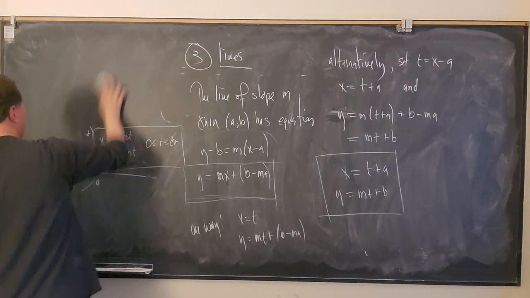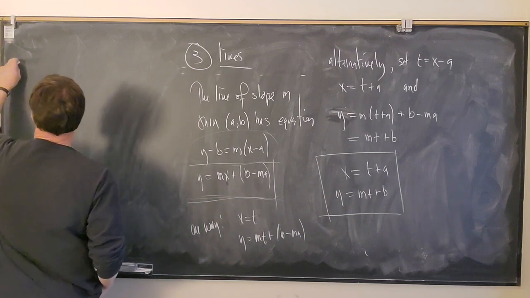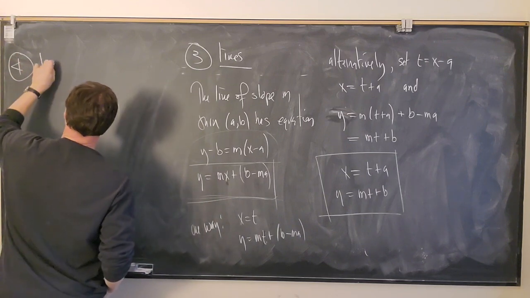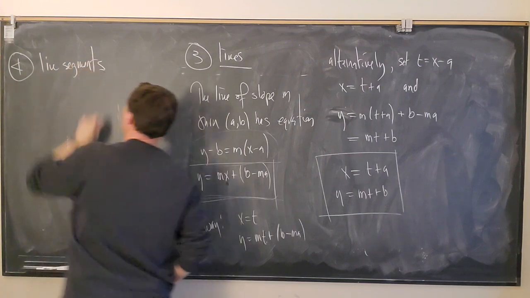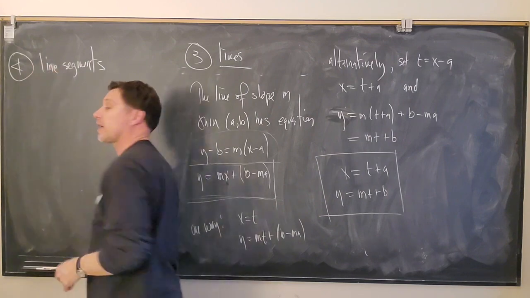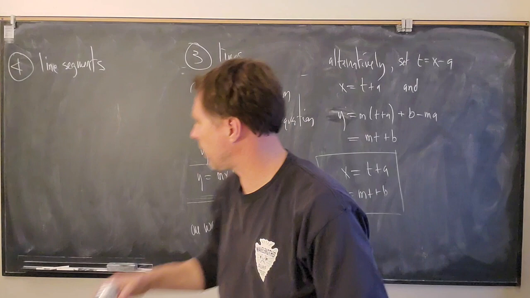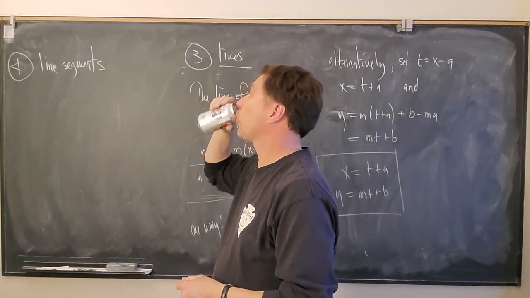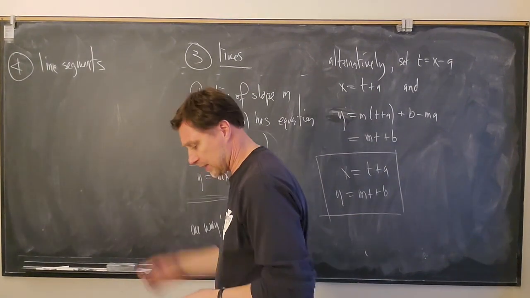One more important one. So this would be number 4, and that's line segments. Especially in Math 241, so if you're going on to Calc 4, parameterizing line segments becomes an important thing in certain settings. So here's one way to parameterize a line segment.